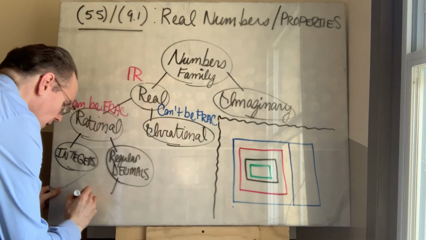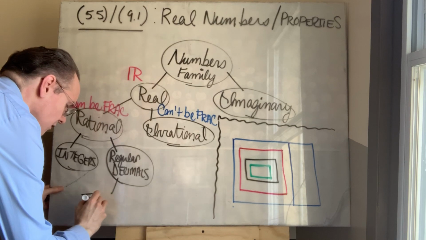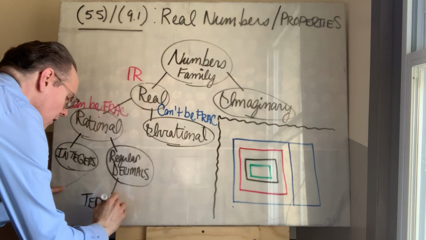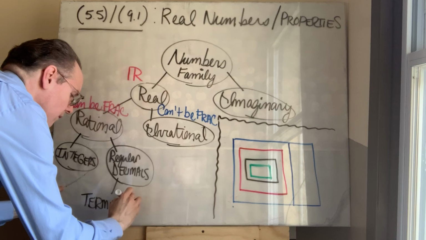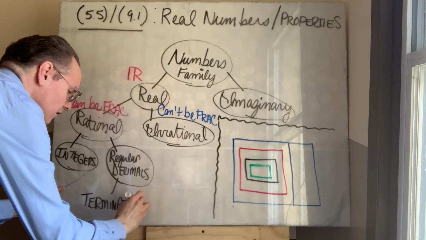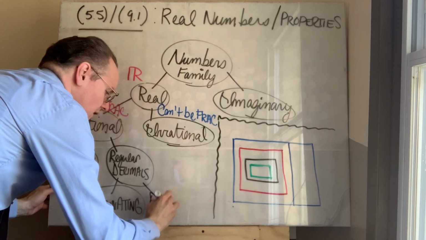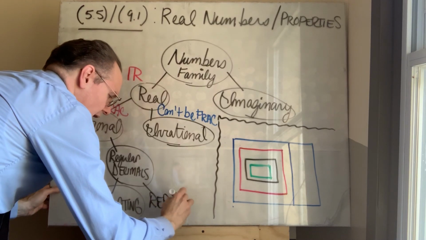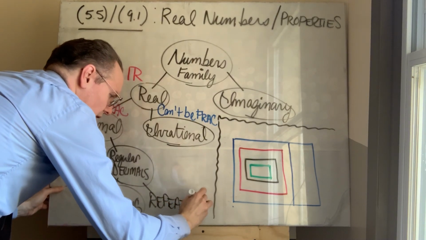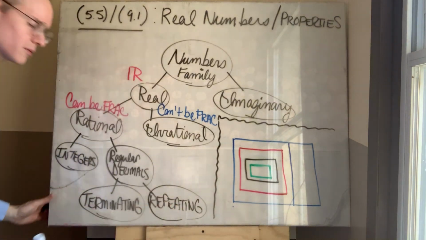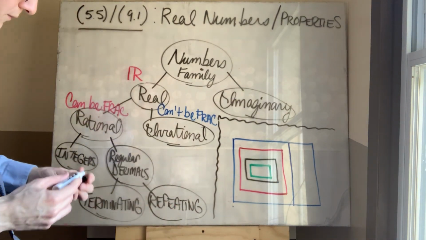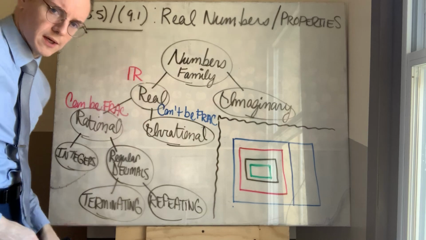There are those that terminate, terminating decimals, and those that repeat. They have some obvious pattern to them, like 0.3333 forever and ever and ever.